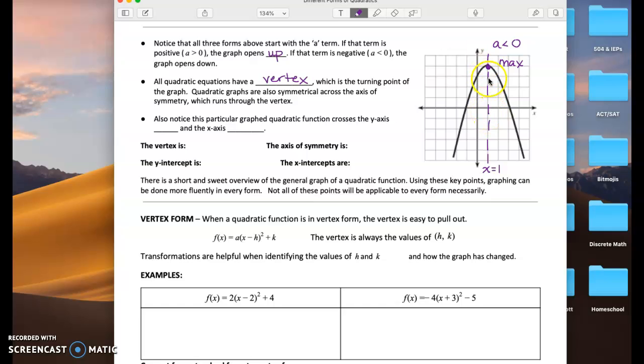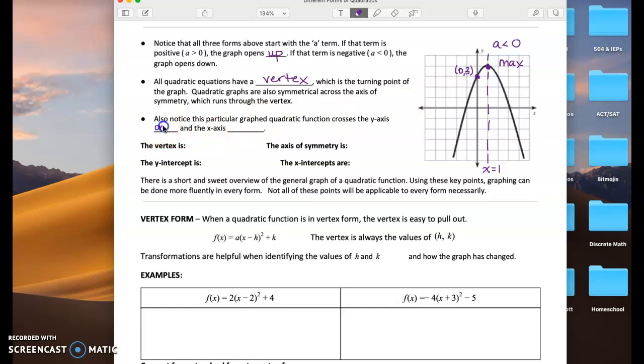That would be right where the midway point of the parabola is, and also your vertex sits on your axis of symmetry. And then on this particular graph, the quadratic function crosses the y-axis at 0, 3.